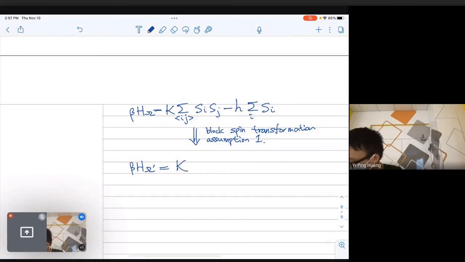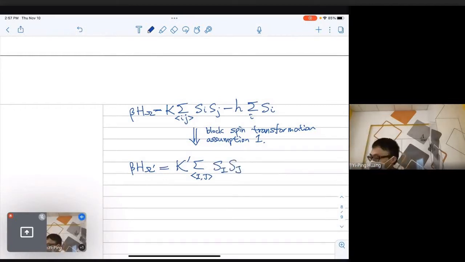And now we have another coupling constant K, but the format of the coupling is basically the same: the block spin centered at I can only couple with the block spin centered at J, but those J must be nearest neighbors to the I site. And you will have another effective external field, but now it is coupled with all the block spins centered at I.